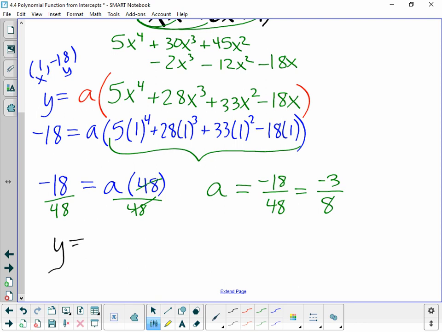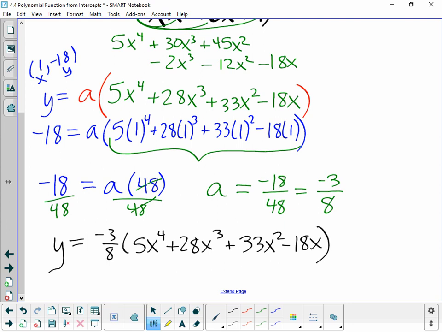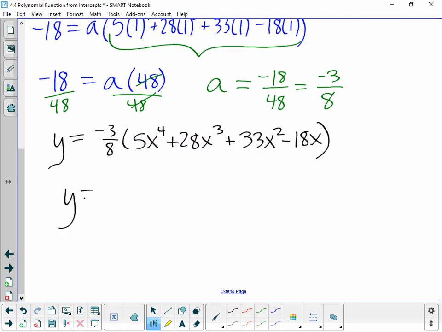So if we want to write the function in standard form, we just need to distribute that stretch to each of those terms. So that would be negative 15 over 8, x to the 4th. Negative 3/8 times 28 as a fraction is a challenging one to reduce. You could think that these are both divisible by 4, so that's a 7 over a 2, so it's a negative 21 over 2.